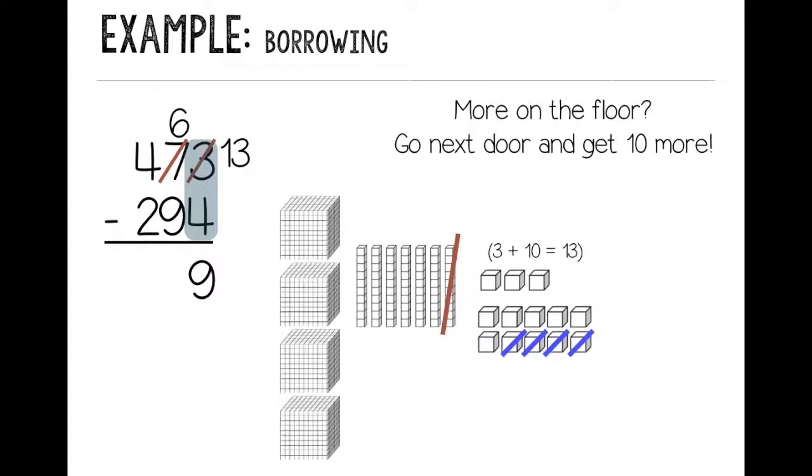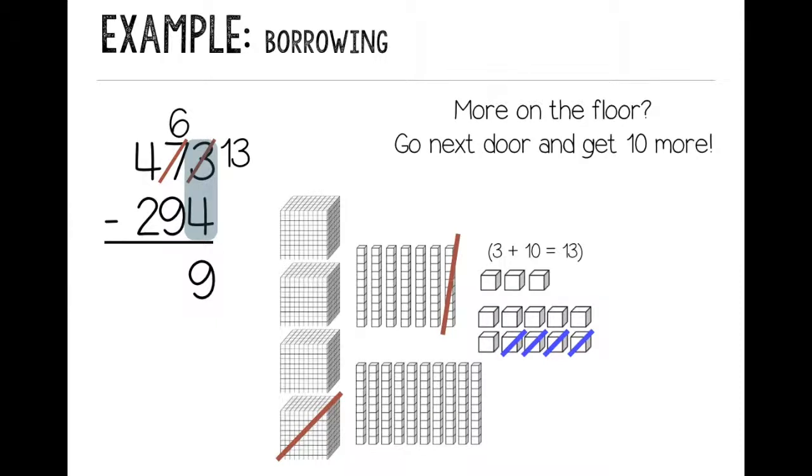Next I move to my tens place. 6 tens minus 9 tens. Again, there's more on the floor, so I have to go next door and get 10 more. So I go to my hundreds place, and I take 100, and I turn it into 10 tens. That leaves me with 3 hundreds, and then I have 6 tens plus 10 tens for 16 tens, so I can change my tens place to a 16.